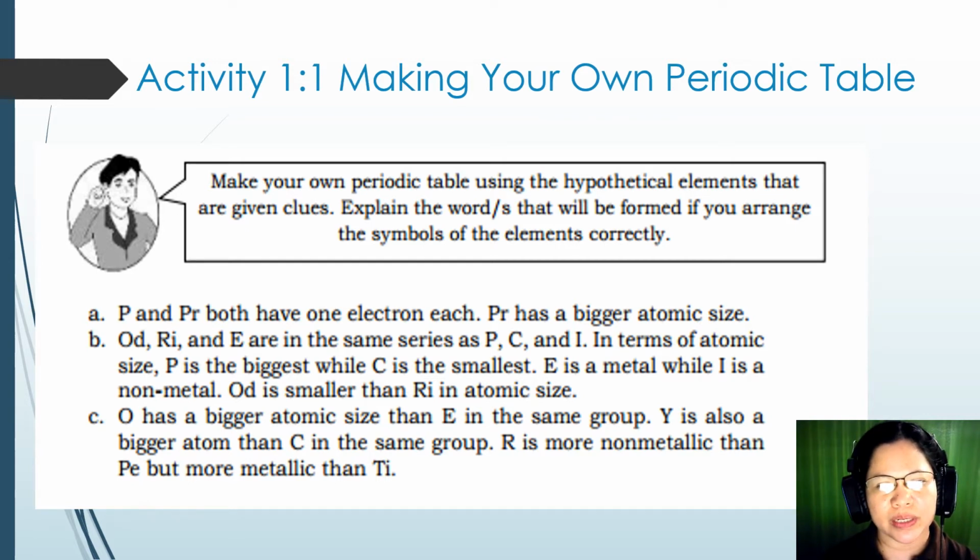OD is smaller than RI in atomic size. And letter C: O has a bigger atomic size than E. In the same group, Y is also a bigger atom than C. R is more non-metallic than Pe, but more metallic than Ti or titanium.